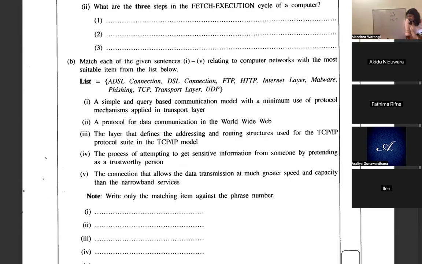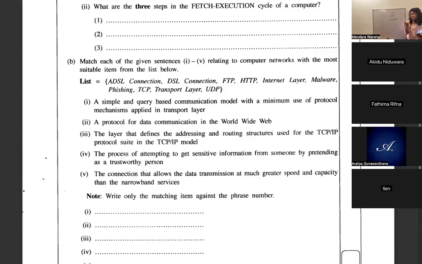The protocol layer that defines the addressing and routing structure used in the TCP/IP model. In the OSI layer model, it is the network layer.